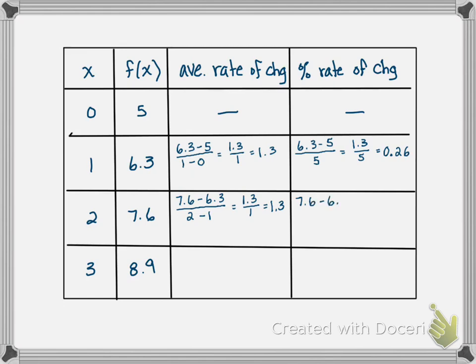So change in our y value divided by that initial y value gives me 1.3 over 6.3. That one's not quite as easy to do in my head, so you guys are going to help me out. Let's say 0.206.